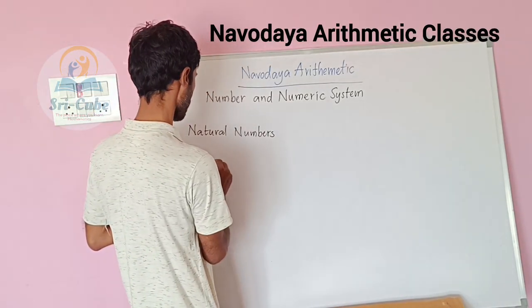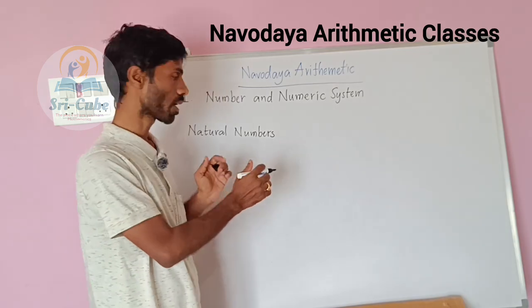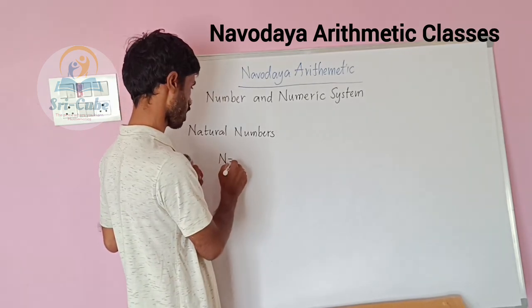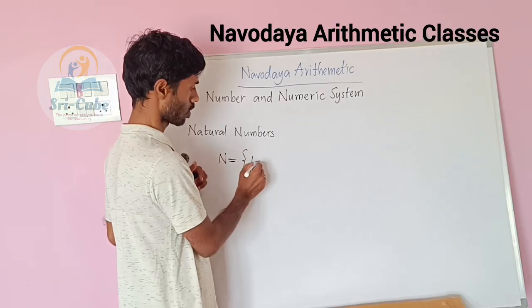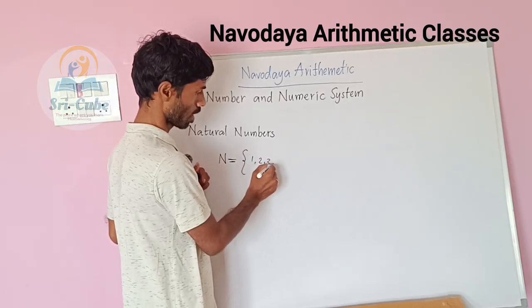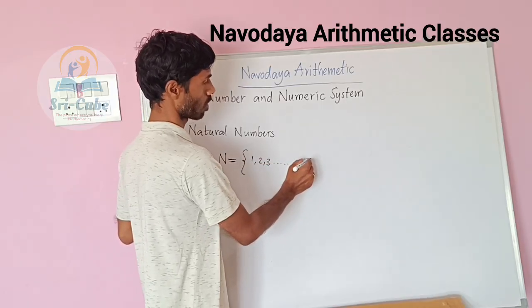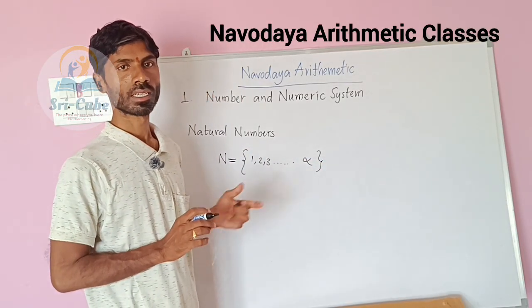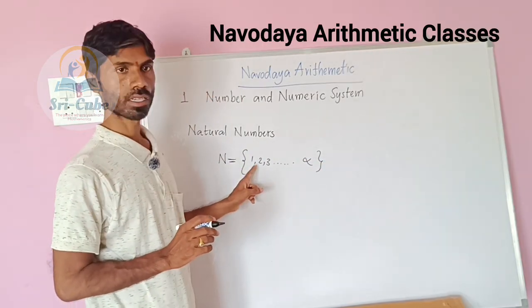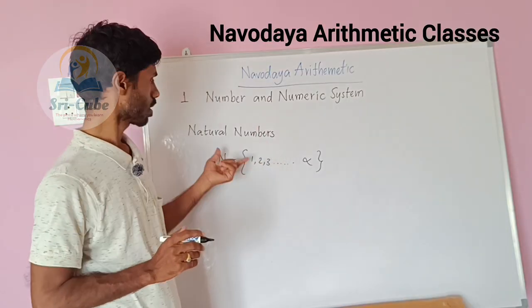The natural number set is denoted by N. It starts from 1, 2, 3 and goes up to infinity. We start from 1. All counting numbers are called natural numbers.